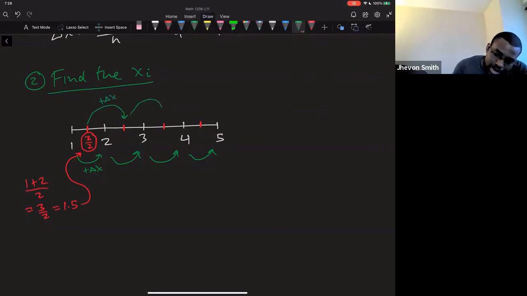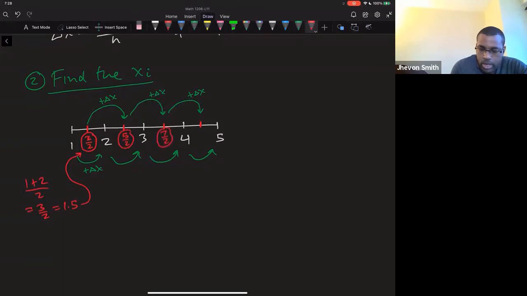And then you can, again, add your delta x to get to this one. Right, they're all going to have the same distance from each other as the original subintervals had from each other. So take 3 over 2, you add delta x, which is 2 over 2, you would get 5 over 2. Then you add 2 over 2, you get 7 over 2.